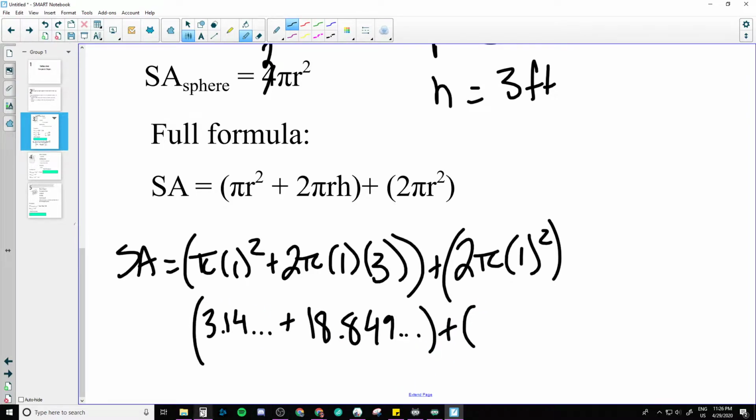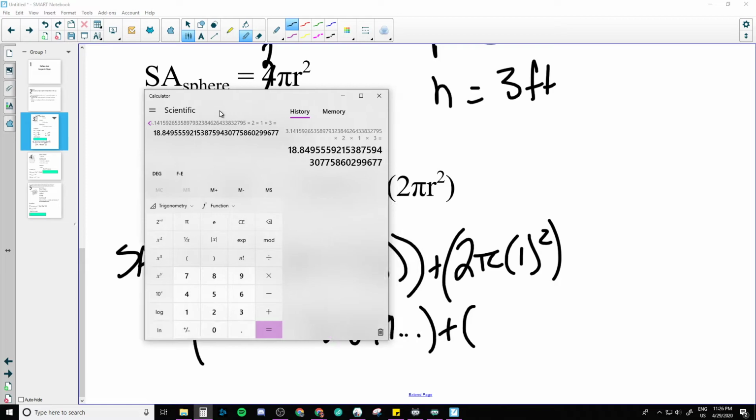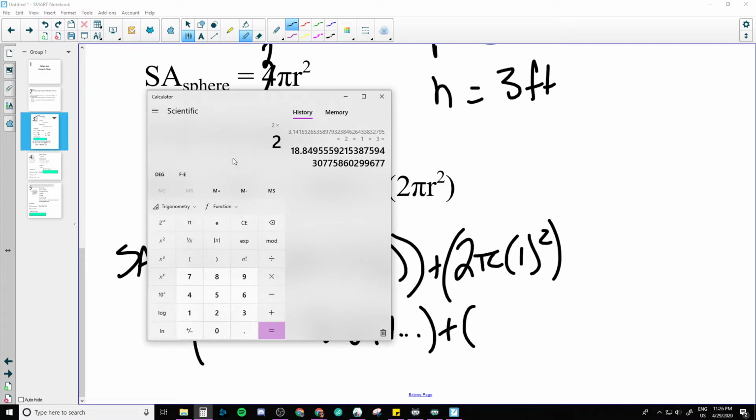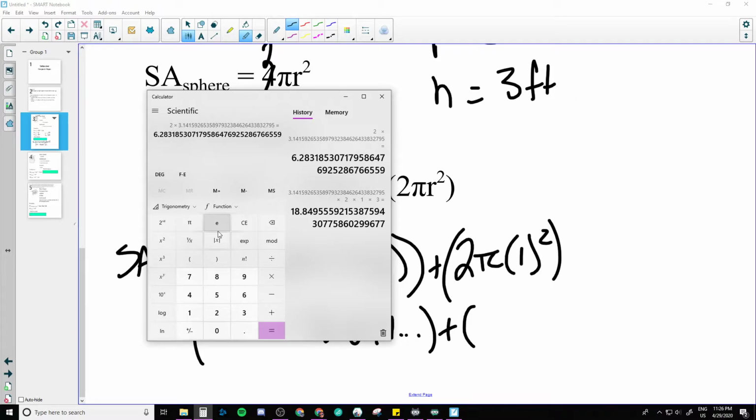Plus, last one here is 2 times pi, and then we could times it by 1 if we wanted to. Gives us 6.28.